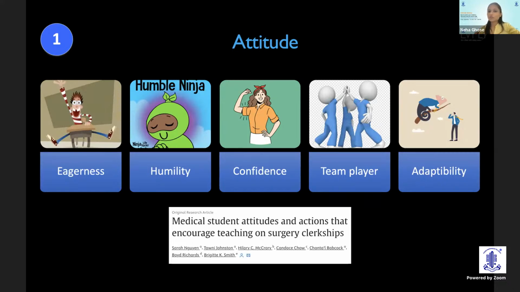You should always go above and beyond to try to learn something, and this translates into your trainer being much more interested in teaching you. You should be humble, because we all make mistakes throughout our career, and you should be ready to learn from and accept each one of those mistakes. At the same time, you should also have confidence in yourself. This will automatically translate into your trainer having the confidence to allow you to proceed to the next step.